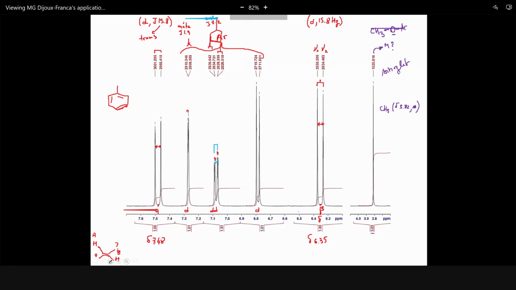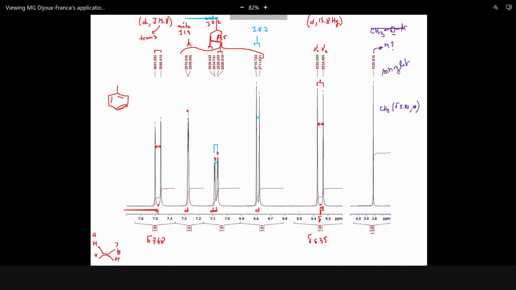And if I calculate the coupling constant in the last signals here, I will find again a value around 8.2 hertz. So because I have the same kind of coupling between these three protons, that means that they are on the same ring.